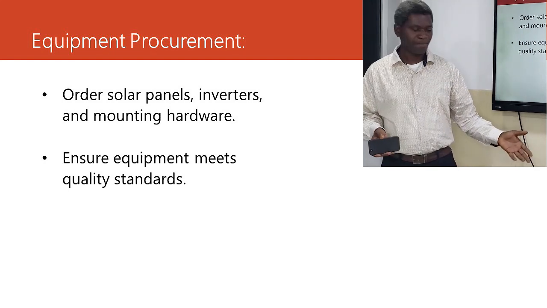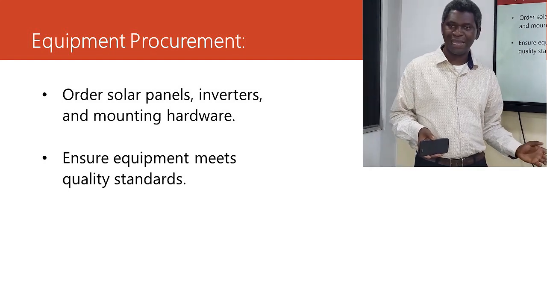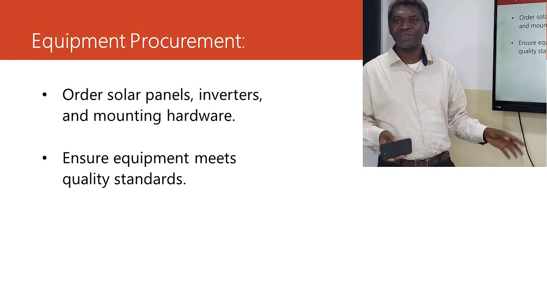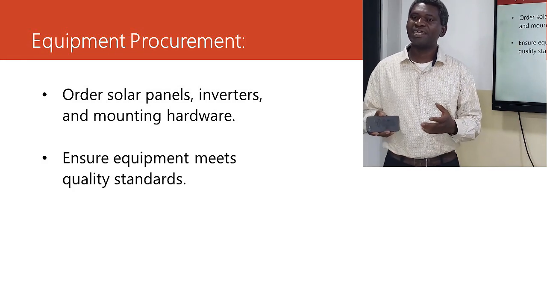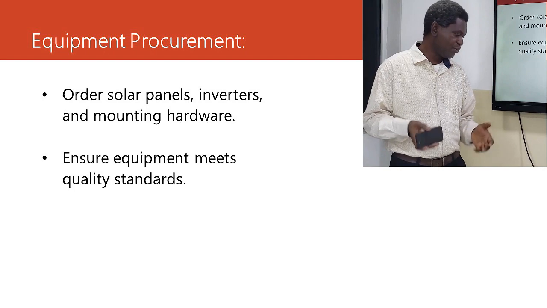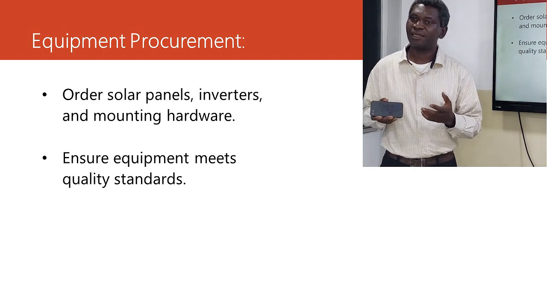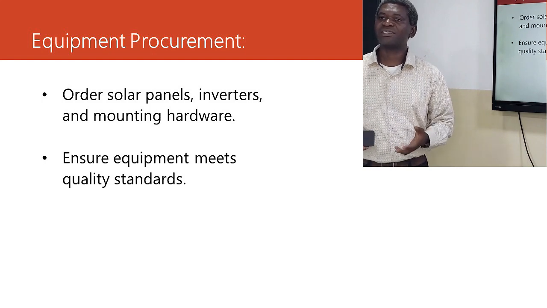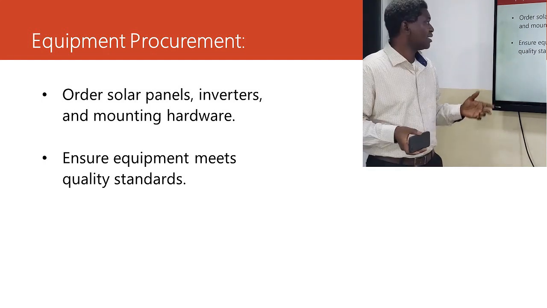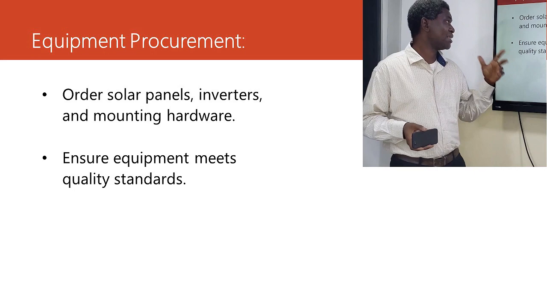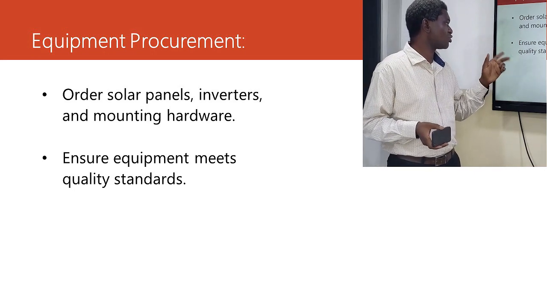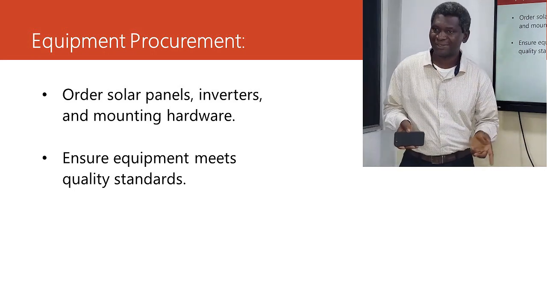Why I have also highlighted this step as very important is that the engineers on the field that will do the installation need to check the equipment that procurement is giving to you. Solar panels, inverters, and mounting hardware. Ensure equipment meets quality standards.